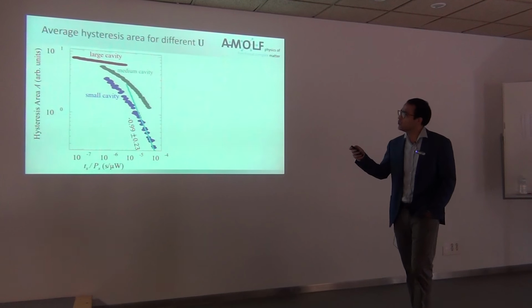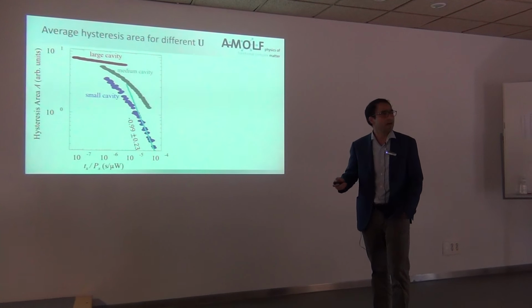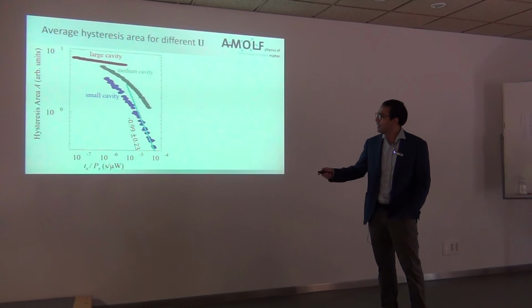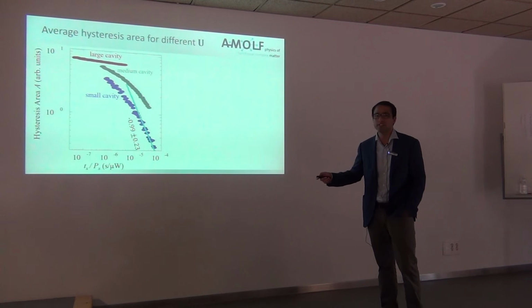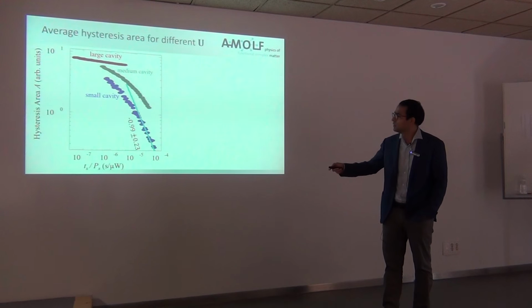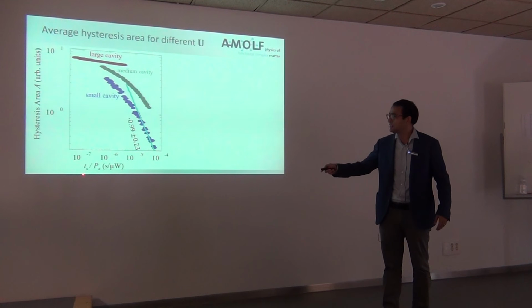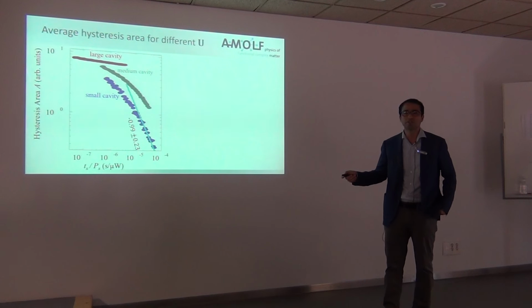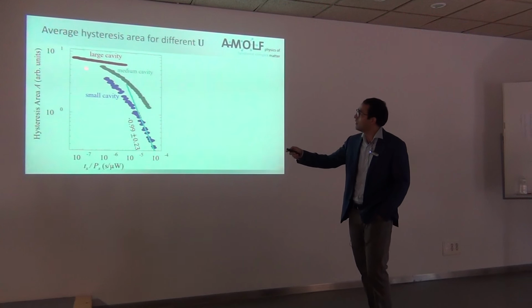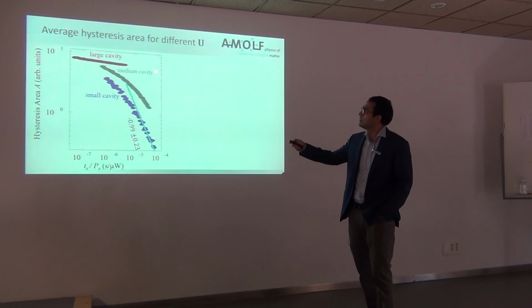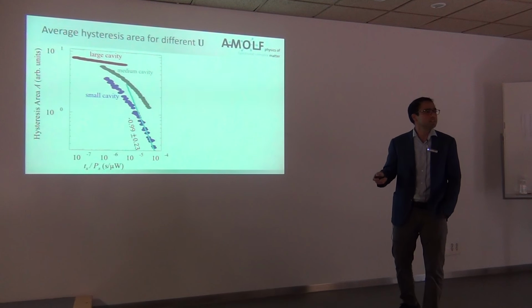So now I present you a plot of the average hysteresis area as a function of this quantity, which is an inverse velocity of the sweep. So if you consider the power as a distance, and then this is the time of the sweep, then this is a kind of inverse velocity. For a large cavity, you see that the hysteresis area changes negligibly.